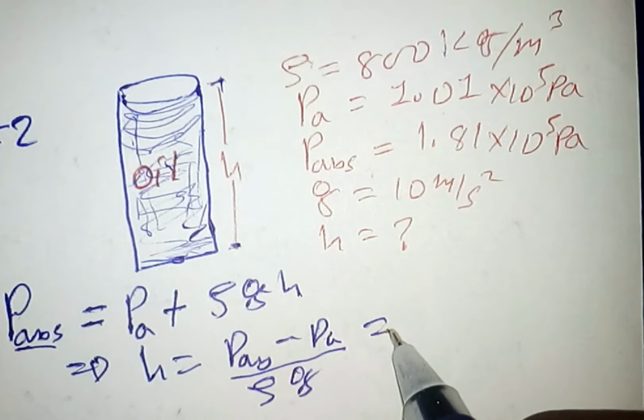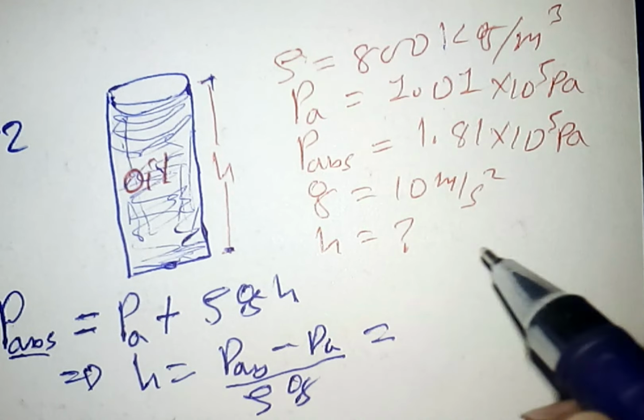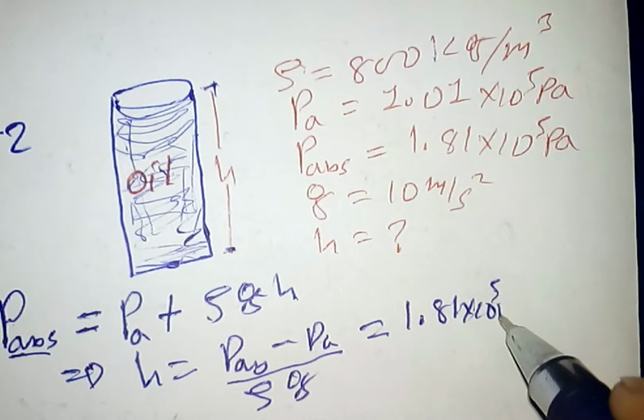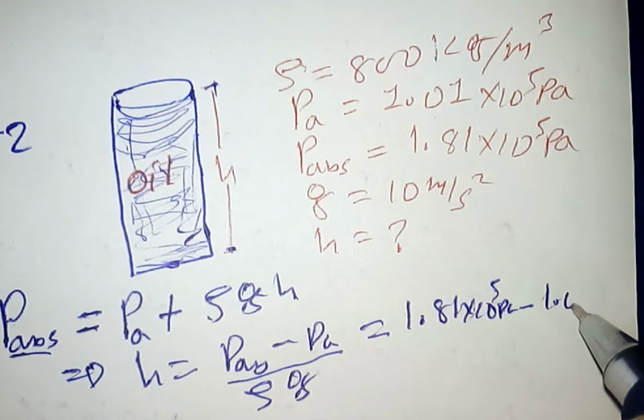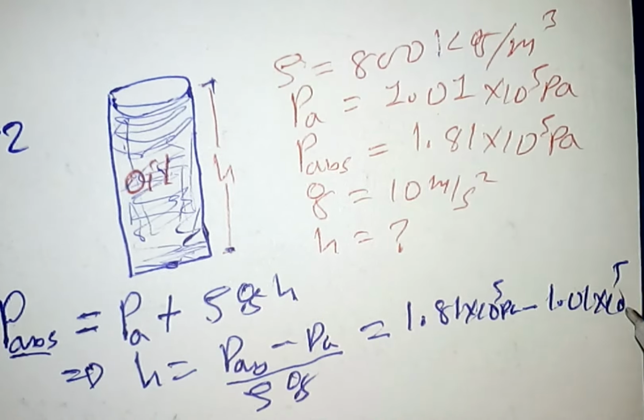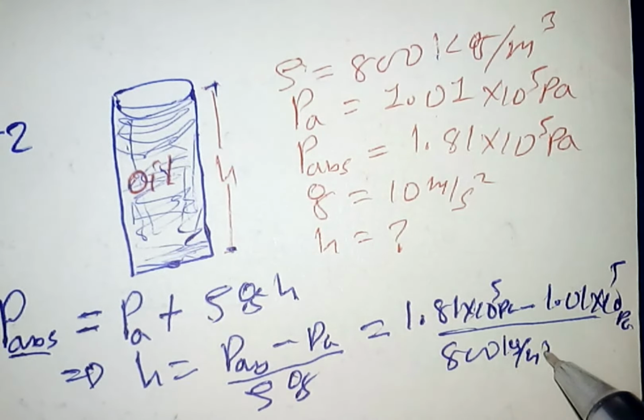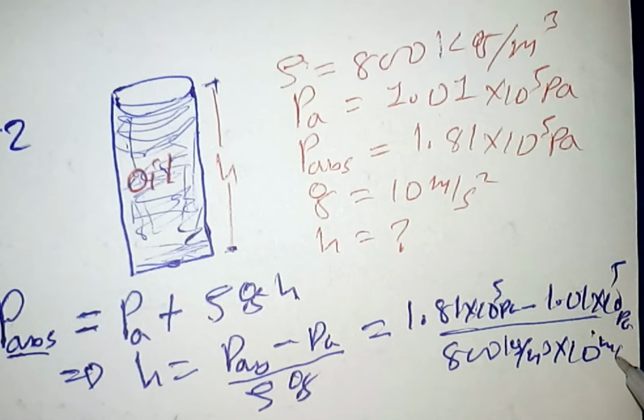Then when we substitute these values, we get 1.81 times 10 raised to 5 Pascal minus 1.01 times 10 raised to 5 Pascal divided by 800 kg per meter cube times 10 meter per second square.